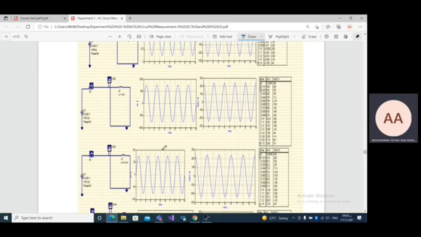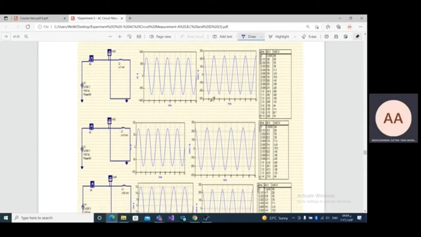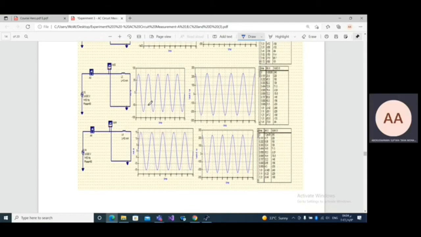Those are the graphs for each circuit, with the measurement for current and voltage. When the inductance of the inductor increases, the maximum current will decrease. Also the voltage leads the current by 1/4 of the cycle, or a 90 degree phase angle. This is all about parts A, B and C.